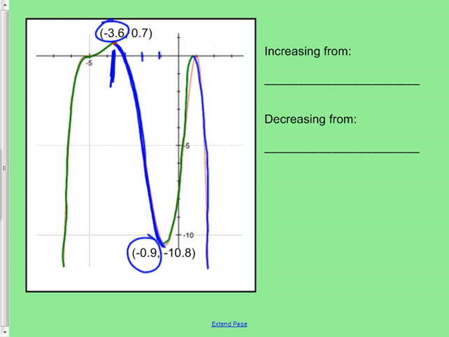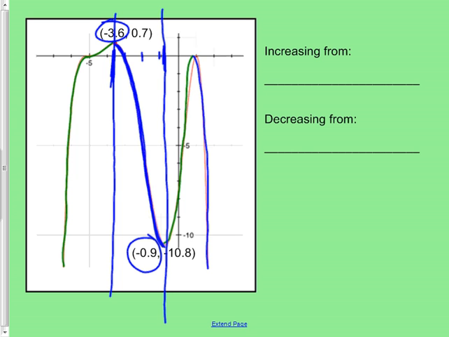To, how far does it keep decreasing? Up until about here. If I were to extend these lines down, it's decreasing from here to here. I don't know what your best way of remembering this is, but it is always going to be the x's for your intervals.